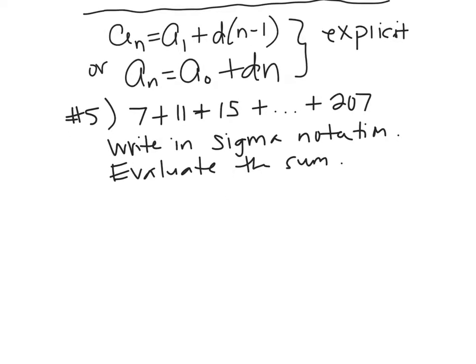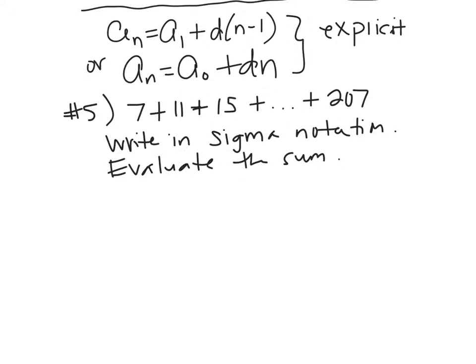Okay? So I need to write this in sigma notation. The first thing you want to do is give yourself a sigma. Then make it easy on yourself. You want to always let n equal 1. It could be 0, it could be 3, it could be whatever, but if you want to do it a nice, easy way every time, n equals 1.